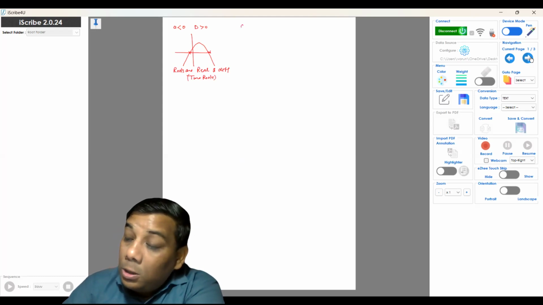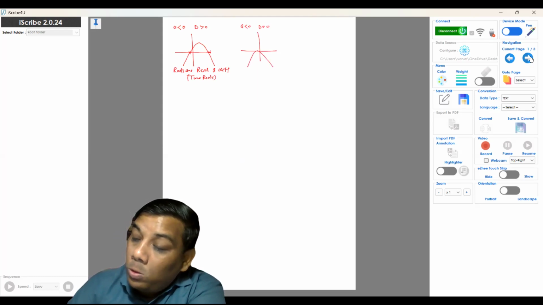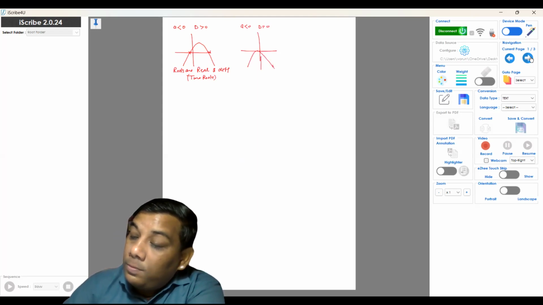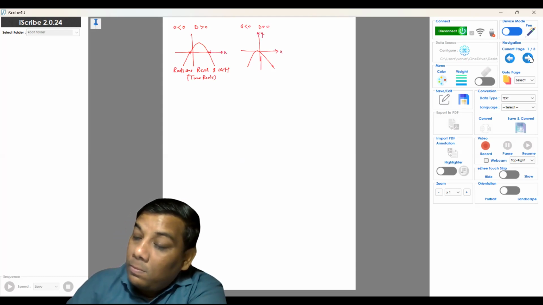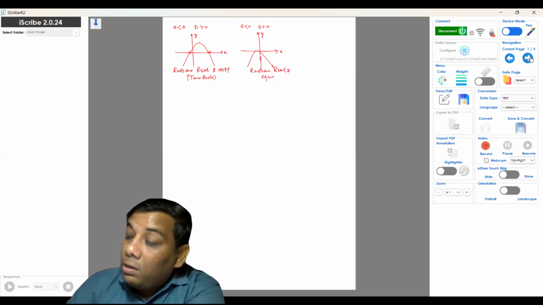Second condition, a less than 0, D equal to 0. Here roots are real and equal.